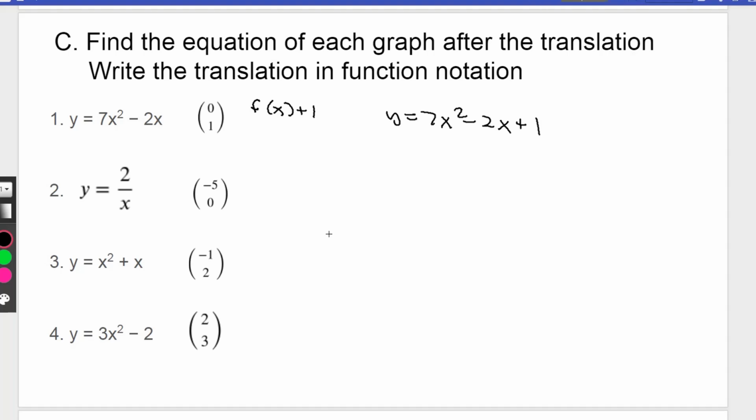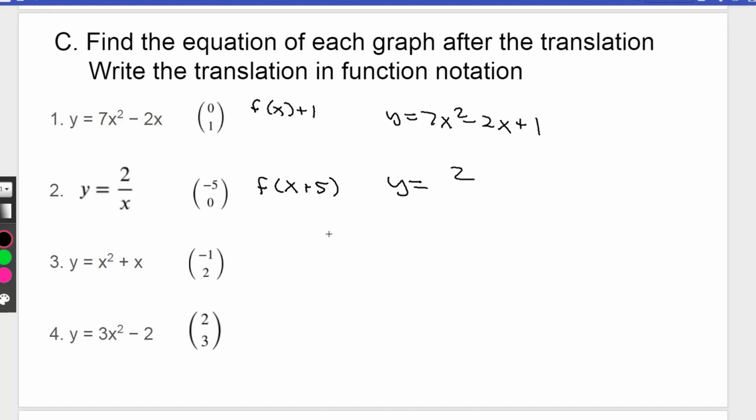This one says that it's going to go to the right by 5. I know that this means I'm going to do x plus, whoops, not plus. It's going to the left by 5. So I'm going to do x plus 5 to make it go to the left. And then I'm just going to come over here and do what I just wrote.